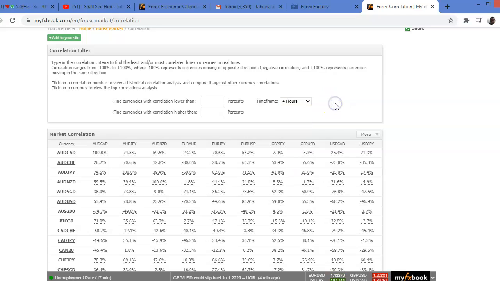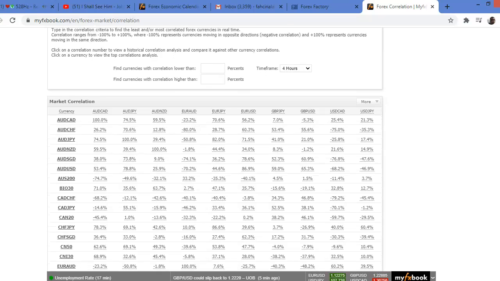It also changes based on what is going on in the market. For example, yesterday GJ and EURGBP typically have a negative correlation. However, they were both rallying together for over 4 hours. So it's always best to come here and check the correlation of the pairs for the day.